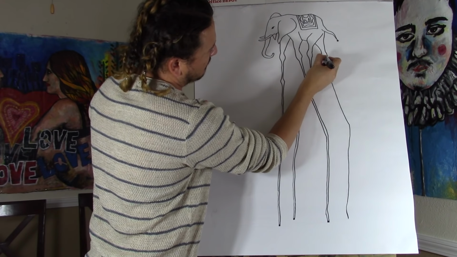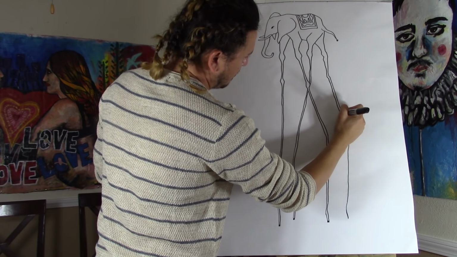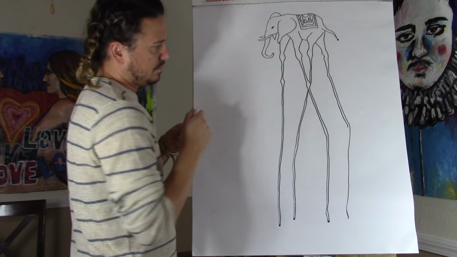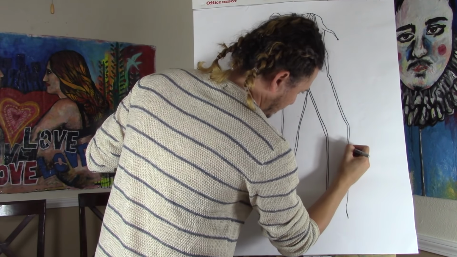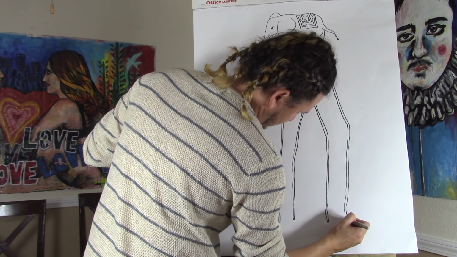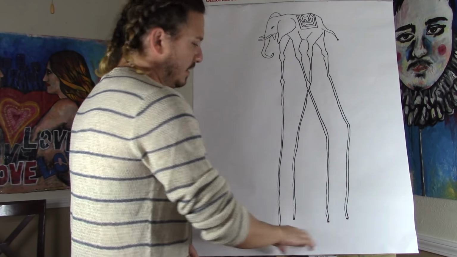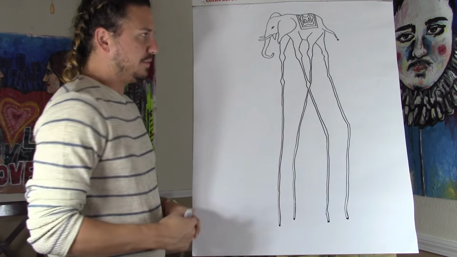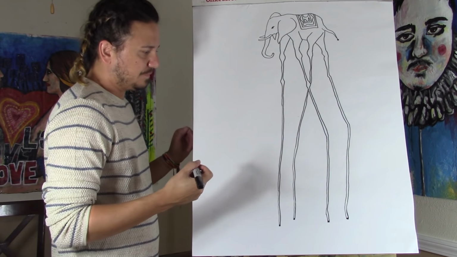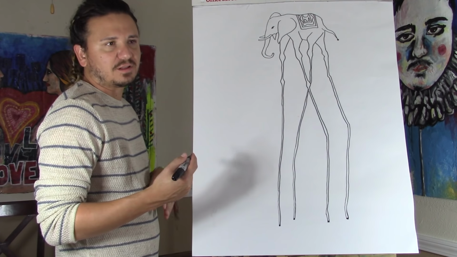Now the other side. And now we're done with the elephant. So now we're gonna add backgrounds. Some of the backgrounds that Dali used were very desolate. Sometimes just very plain. It was just like a few mountains and then a large sky.